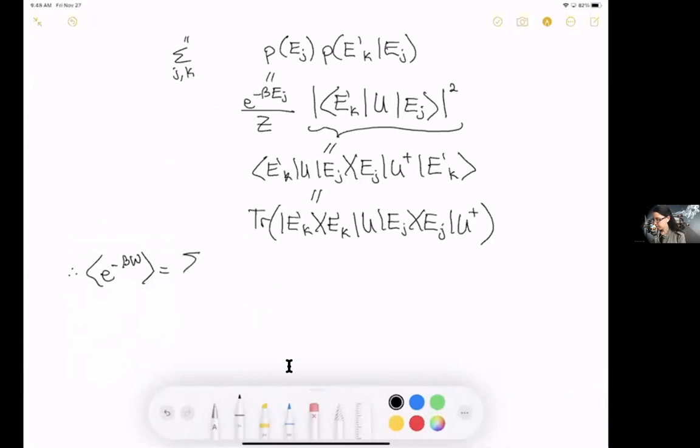Now we have a sum over j and k with our Boltzmann factor. Then what used to be the e to the negative beta w, times our trace.